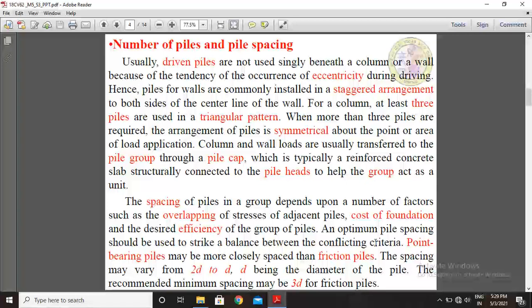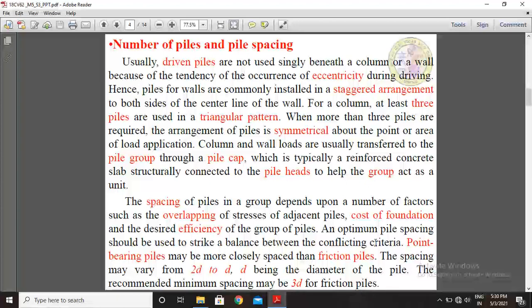For a column, at least 3 piles are used in a triangular pattern. When more than 3 piles are required, the arrangement of piles is symmetrical about the point or area of loading application. Column and wall loads are usually transferred to the pile group through a pile cap, which is typically a reinforced concrete slab structurally connected to the pile heads to help the group act as a unit.